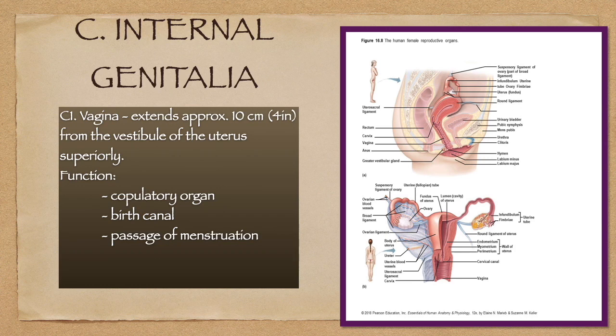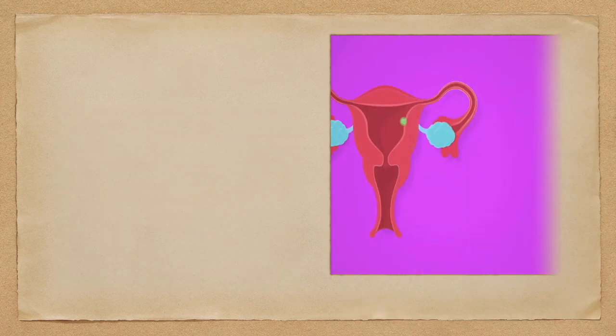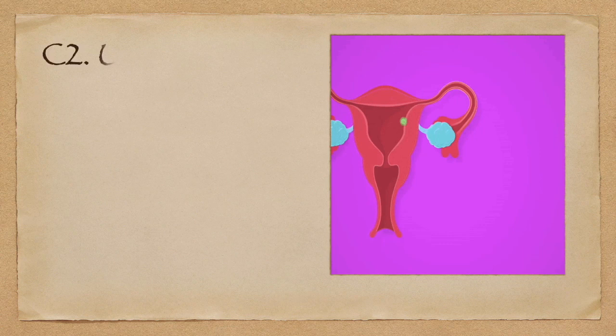We have the pear-shaped uterus as the next one. It is situated between the bladder and the rectum. It is a muscular organ with its narrow end directed inferiorly, or below, and that is what we call the cervix.